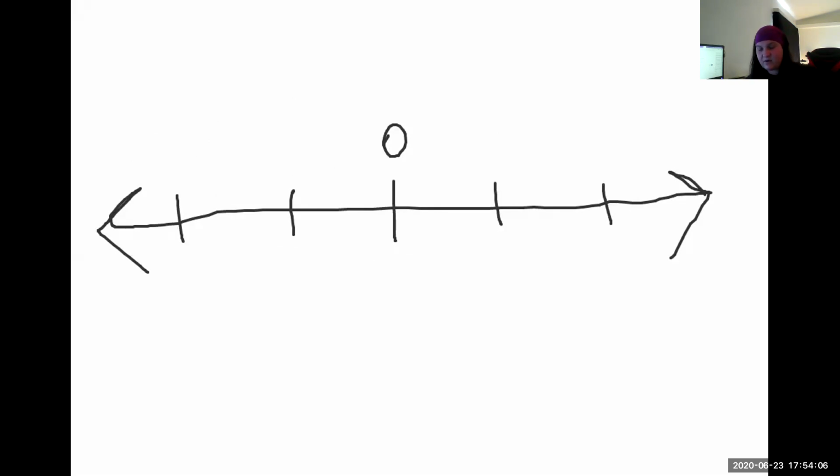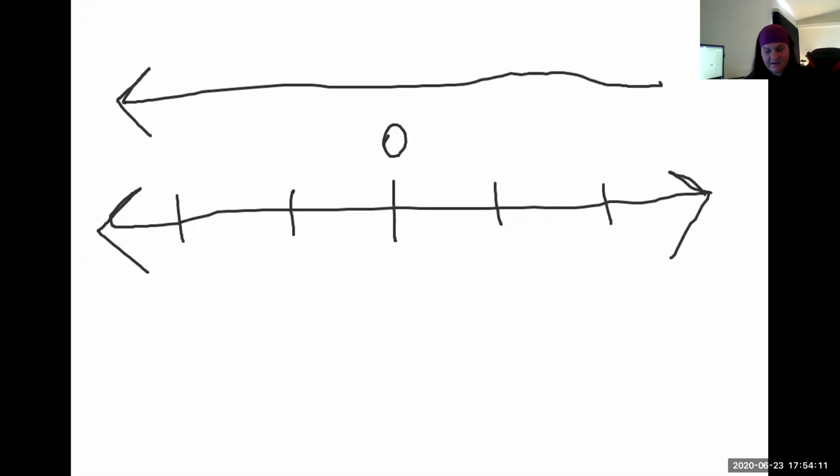So we want to know the greatest to the least. Okay, so we have -2 over here. Well, if this is -1, this is going to be -0.2 right about here. And then we have 2 right here. And then we have 2/10.